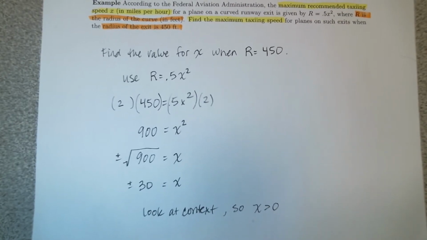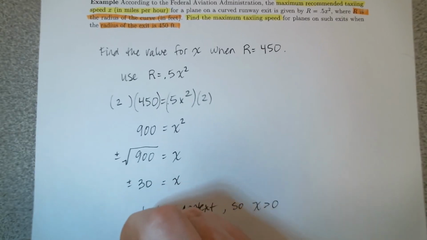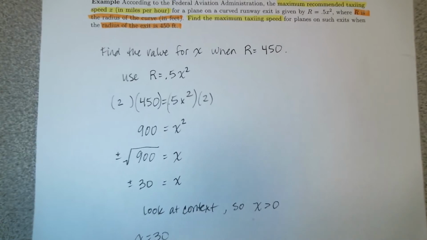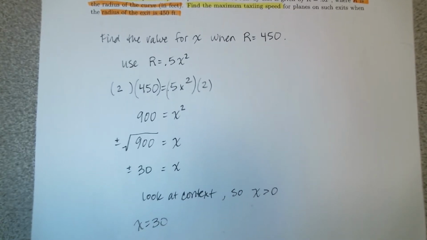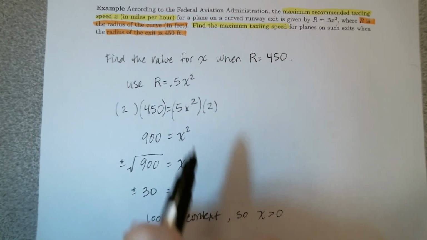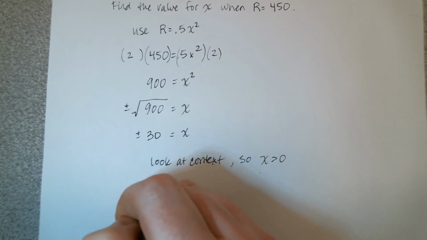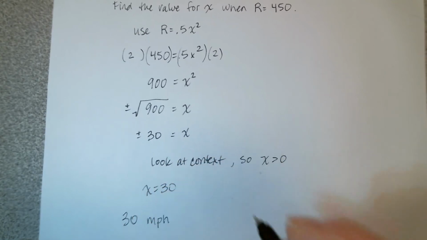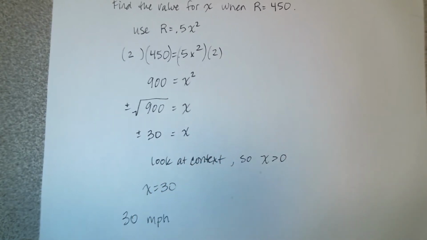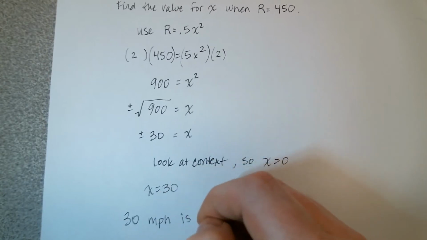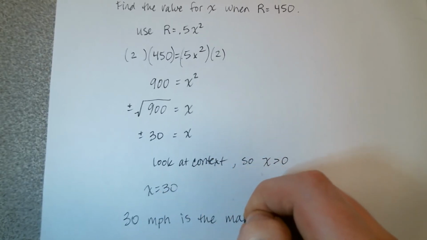So the maximum taxiing speed that this plane should take is 30. And it's really important to know the units on that. Is it miles per hour or kilometers per hour? In our example, it is miles per hour. So 30 miles per hour, also abbreviated mph, is the maximum.